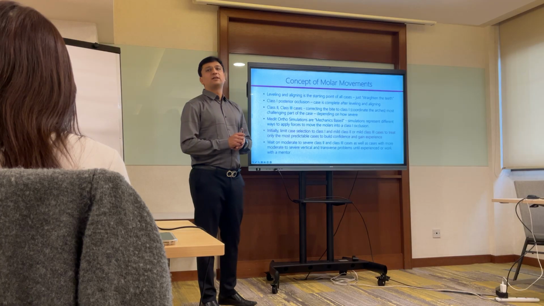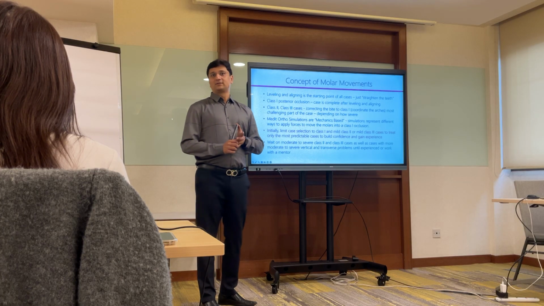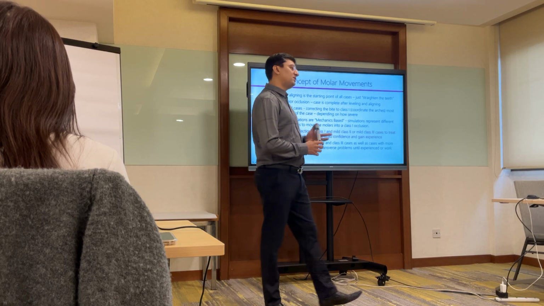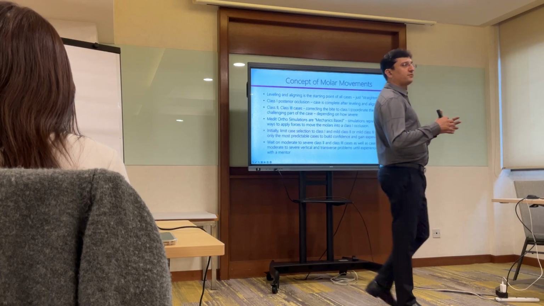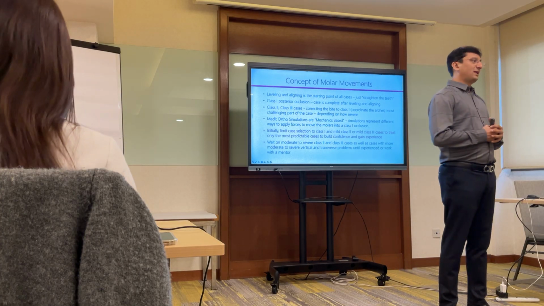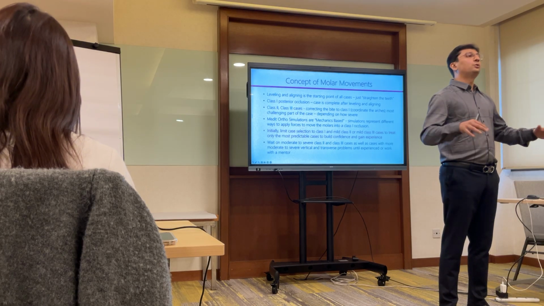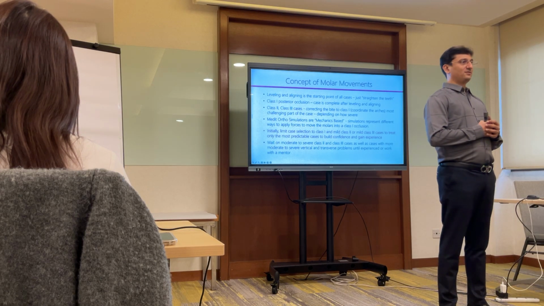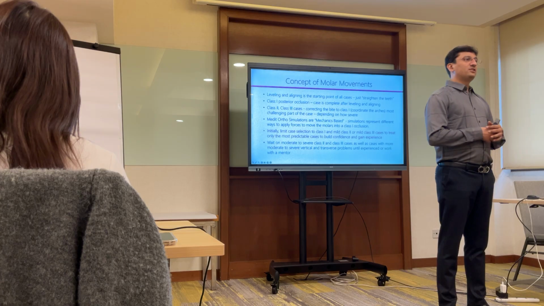All the simulation that they give you is based on mechanics. If you see a case which has more than 4 millimeters of class 2, then you know you cannot correct this with class 2 elastics. It will not give you a class 2 elastic simulation. You understand? Simulations are predictions.